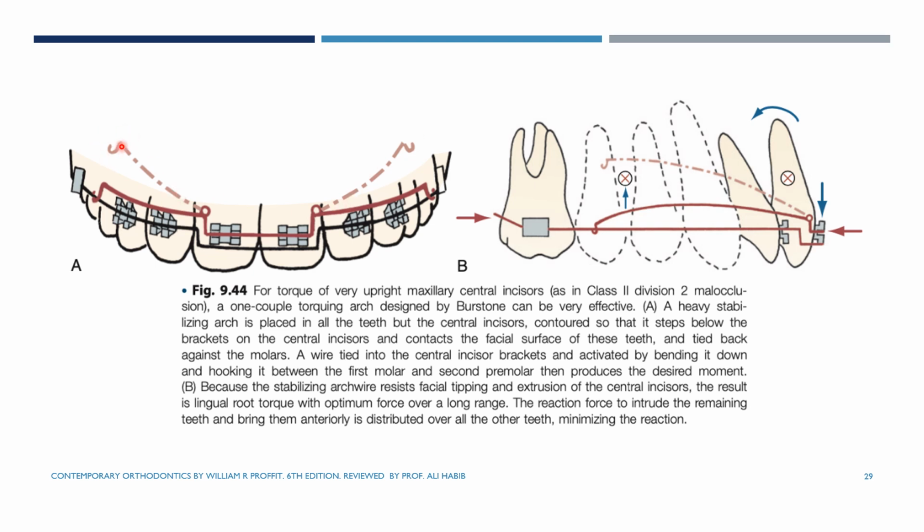When we activate it, we bring it down. This activates the couple inside the brackets, and this will help to torque the roots lingually. To minimize any flaring effect, we can cinch the wire back. So this is more appropriate for torquing the incisors.